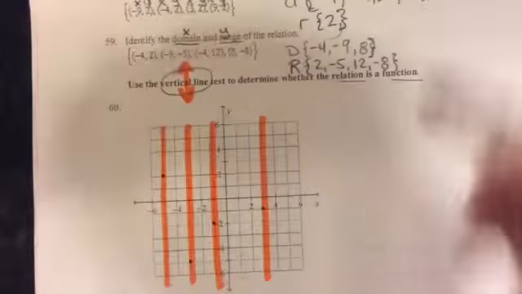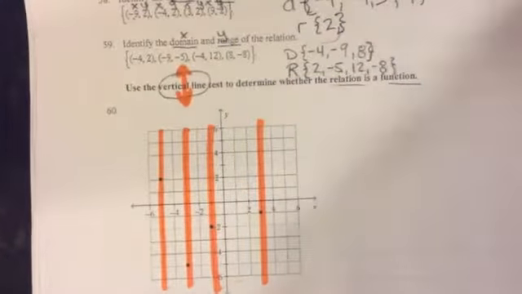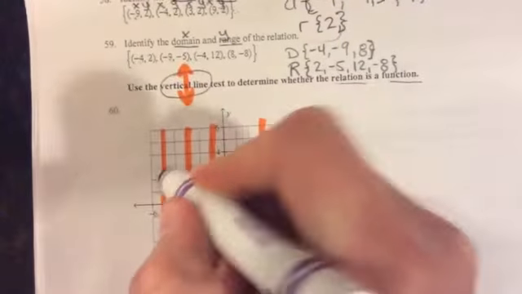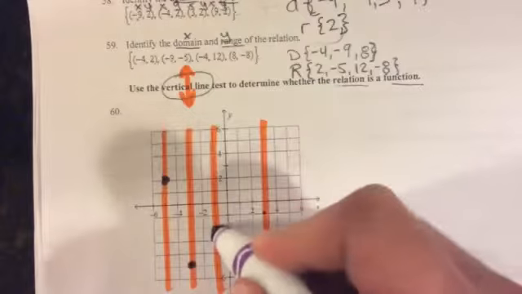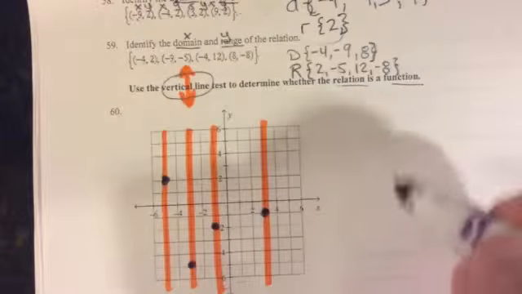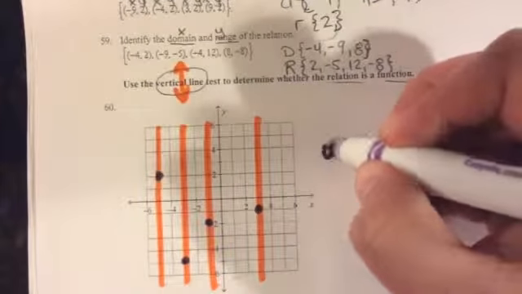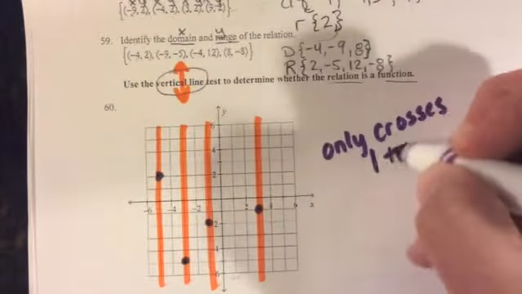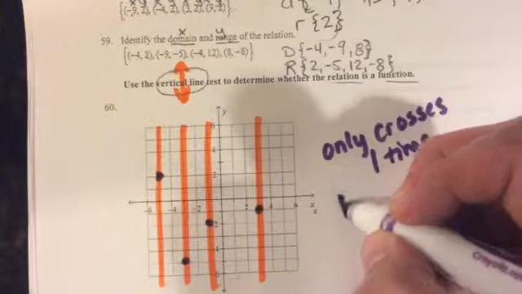Okay, so let's check out what we have going on here. We have 1 point on this line, 1 point on that line, 1 point on this line, and 1 point on this line. If it only crosses one time, it is a function.